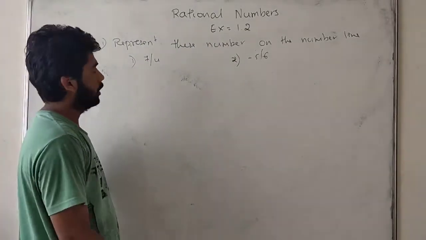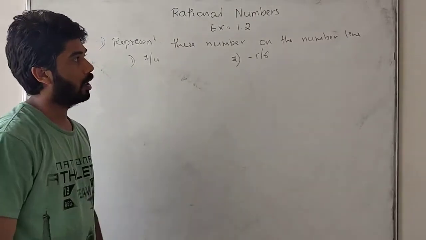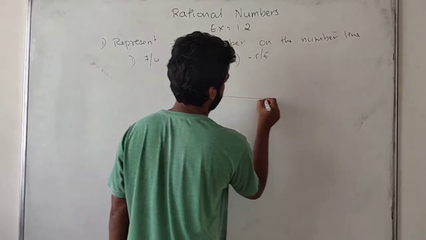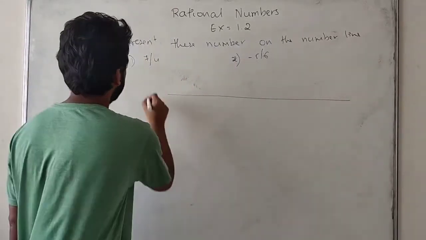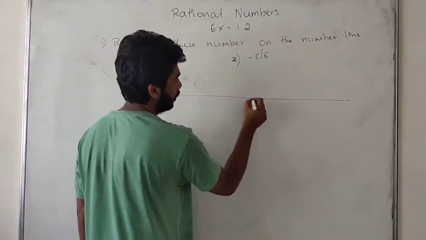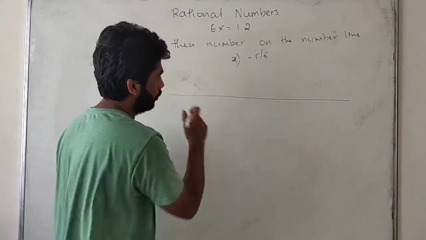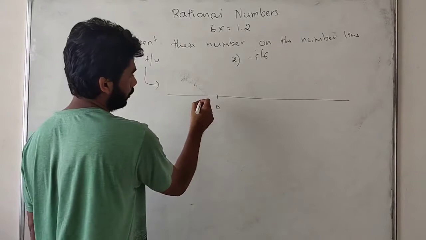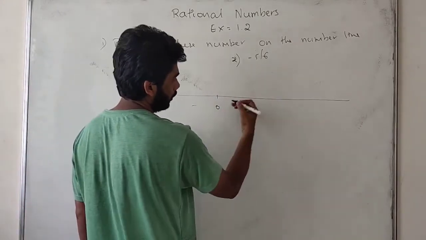In this one, first we have to draw a number line. First, since it is positive, I take 0. Here this side will be negative, and this side will be positive.